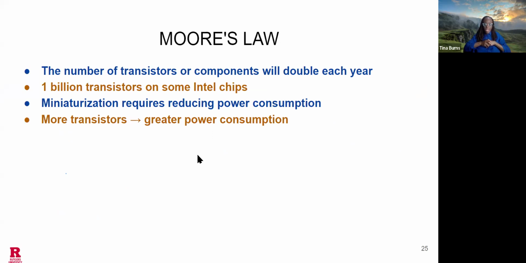And as we continue to increase the number of transistors, we'll also see that we need to reduce the power consumption. We can't have the same power consumption for 100 transistors as we do for 200. We can't use those same methods, because you're going to start getting a lot warmer in your CPU.